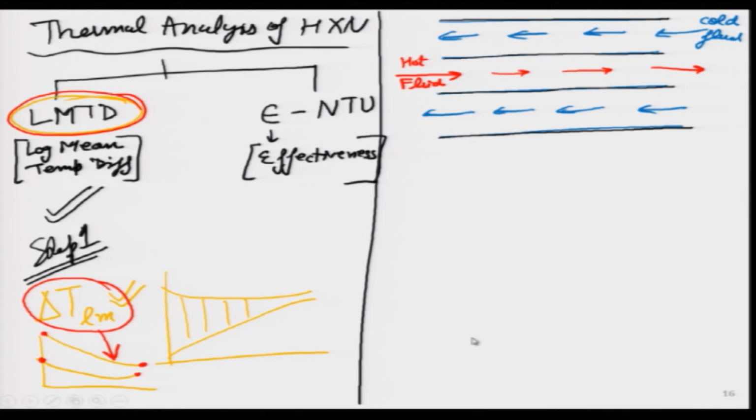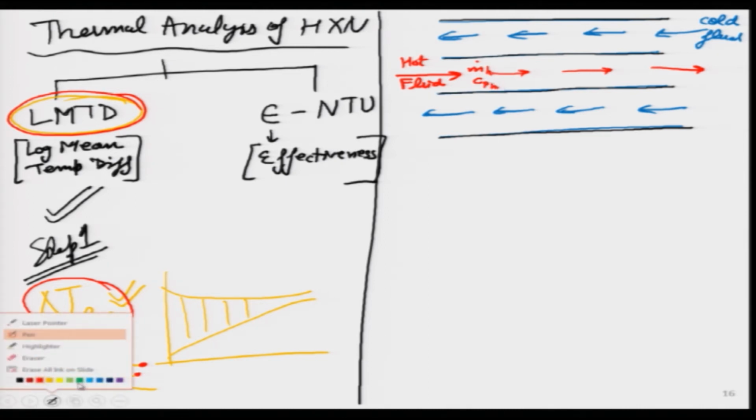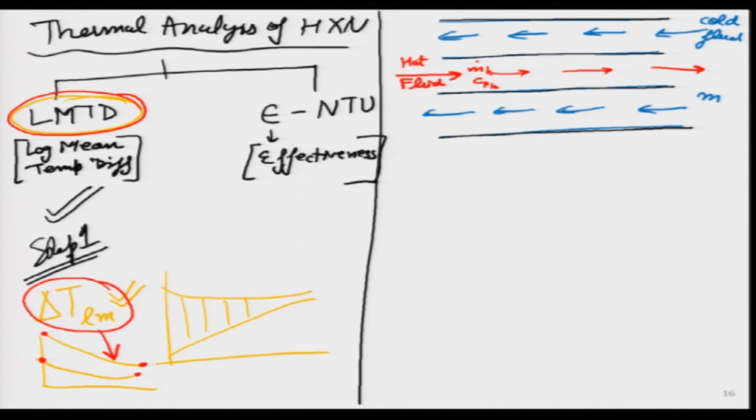And let me put some parameters as well. The hot fluid I will subscript with H because it is hot. The mass flow rate going in, I will write here as m dot h. Specific heat is CPH; Cp stands for specific heat, and the subscript H is for hot. Similarly, for cold fluid, the mass flow rate is m dot c and the specific heat is CPC.